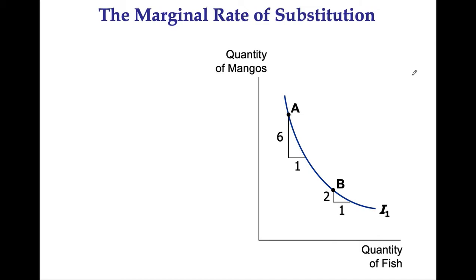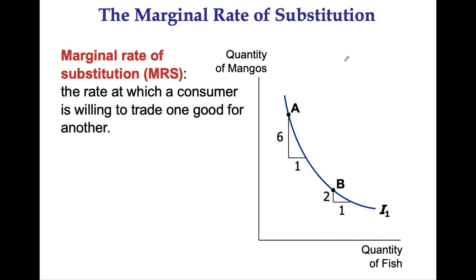We talked about the slope of the indifference curve. The slope of the indifference curve is called the marginal rate of substitution, or MRS. The marginal rate of substitution, MRS, is the rate at which a consumer is willing to trade one good for another.